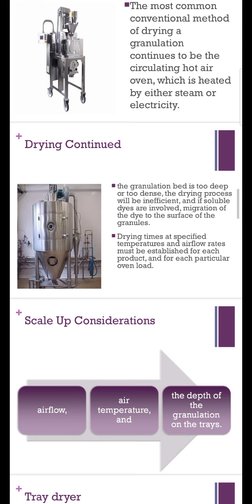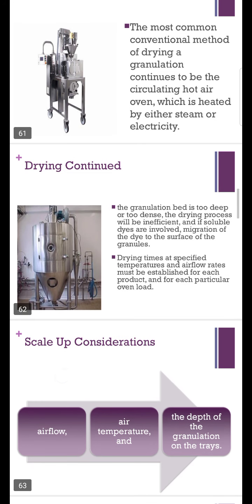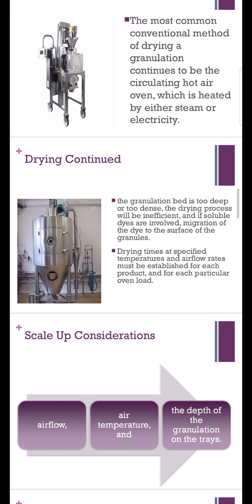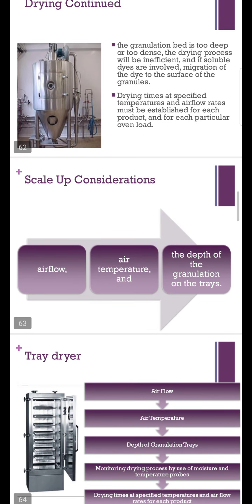Okay, the drying process will be inefficient if soluble dyes are involved. And during drying it leads to migration of the dye to the surface. Okay, that's why it is very critical to control the temperature of the drying air to minimize migration of the color. Okay, and sometimes the drying time at a specified temperature and airflow rate must be established, right, so that you can minimize overloading of the material.